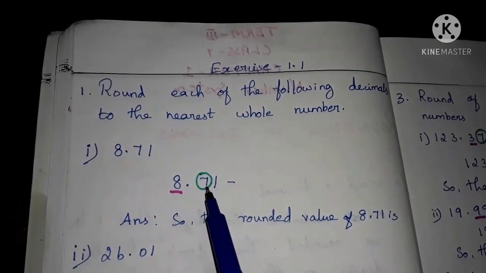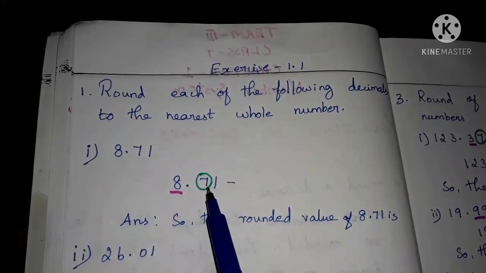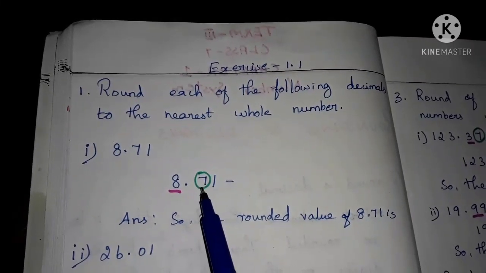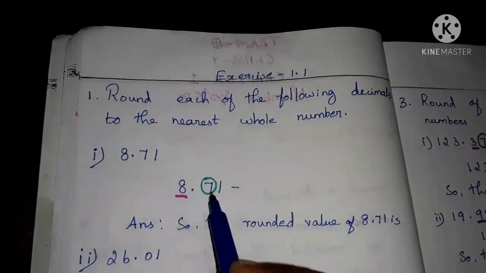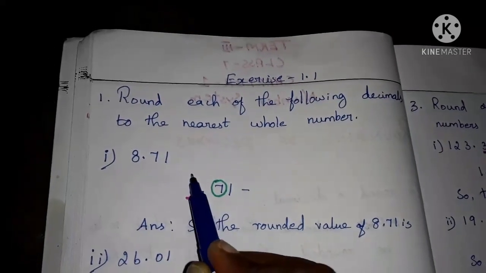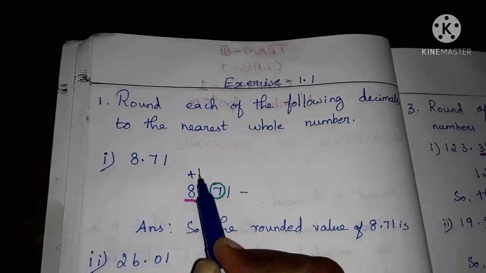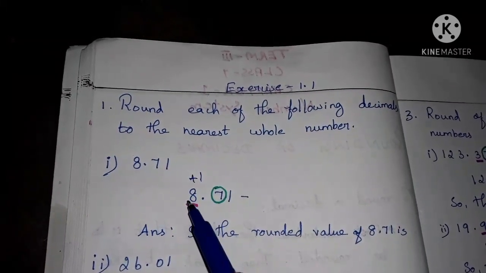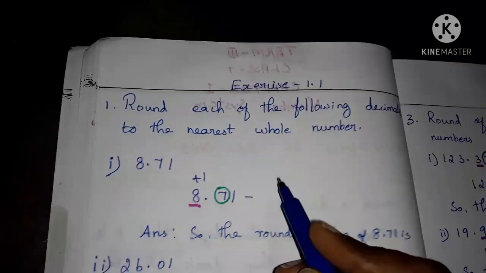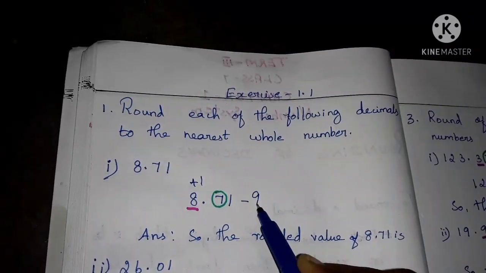Is it less than 5 or greater than 5? Yes, greater than 5. If it is greater than 5, what do we have to do? Yes, we have to add 1 to the underlined digit. So 8 plus 1 is 9.